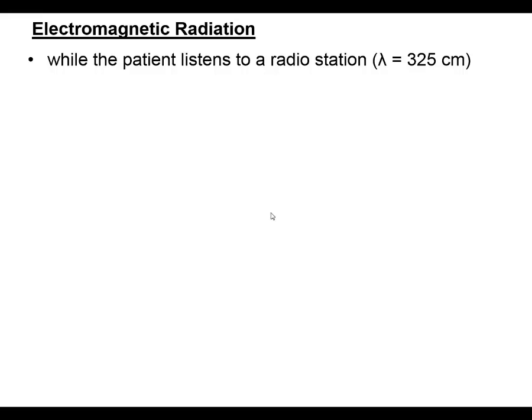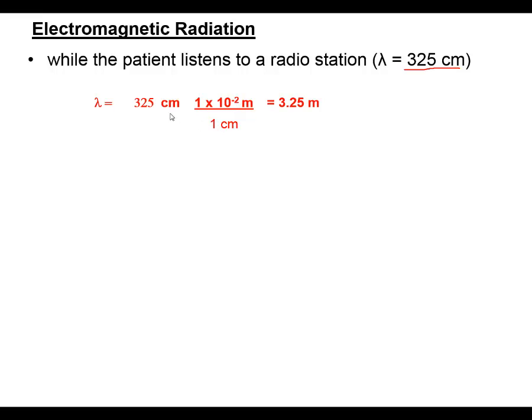We're also listening to this radio station. So we had a wavelength of 325 centimeters for the radio station. I want to convert that wavelength from centimeters to meters again, so it plays nicely with the speed of electromagnetic radiation in a vacuum, the constant c. I need to recognize that there are 100 centimeters in 1 meter, so every 1 centimeter is a hundredth of a meter, 1 times 10 to the negative 2 meters.